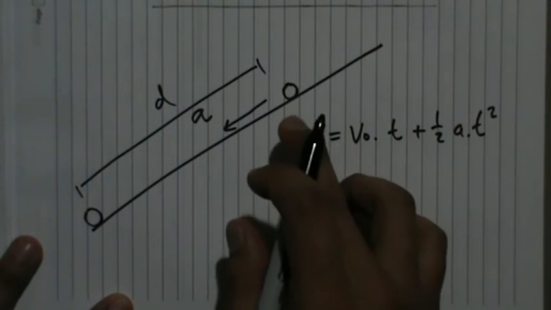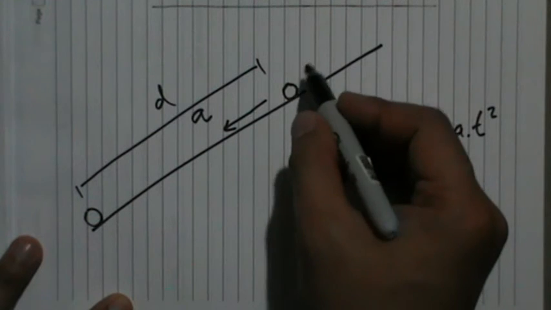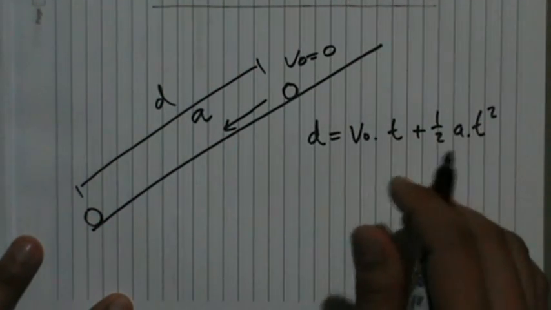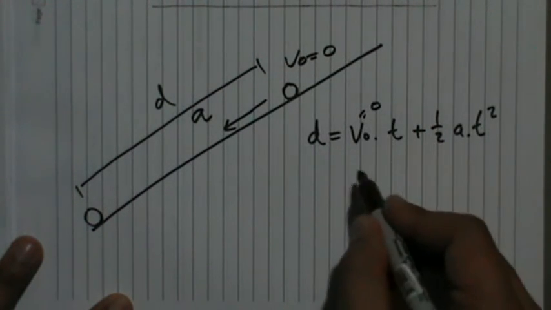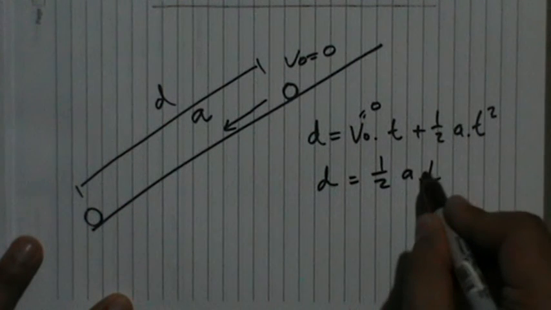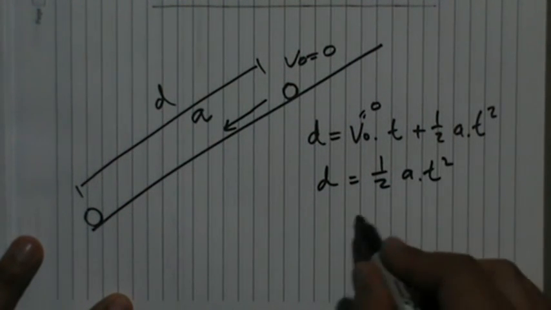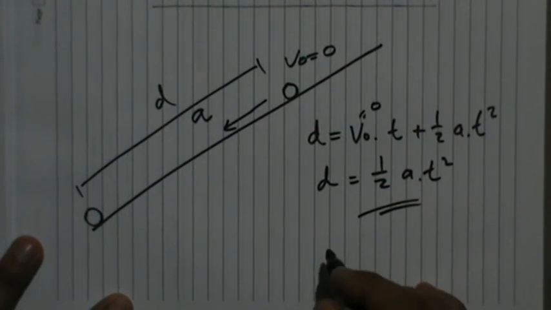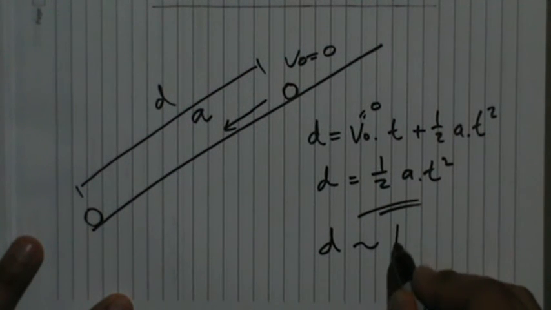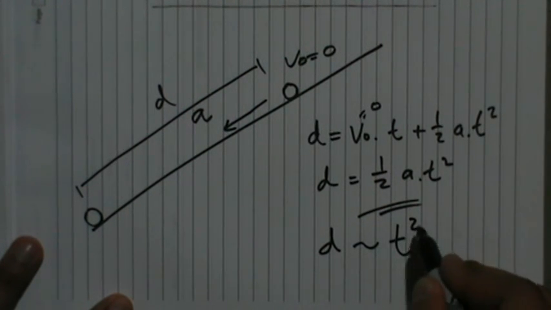And notice that the initial speed here is 0 because he dropped it. So this is equal to 0, and we get 1/2 times a times t squared. And this is what Galileo found, that the distance is proportional to t squared.